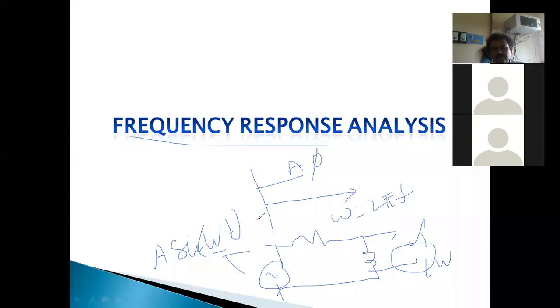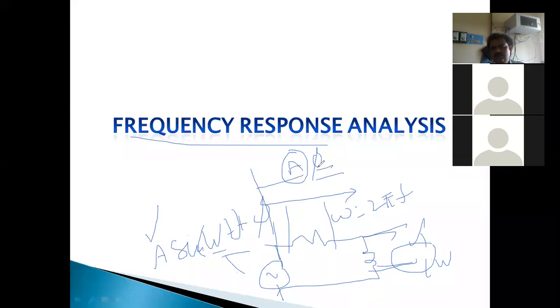Here the frequency is not changing, only the changes may be in amplitude and the phase angle value. If we observe the response, or at any point if we take the measured quantities, only the changes take place either in magnitude or in phase.